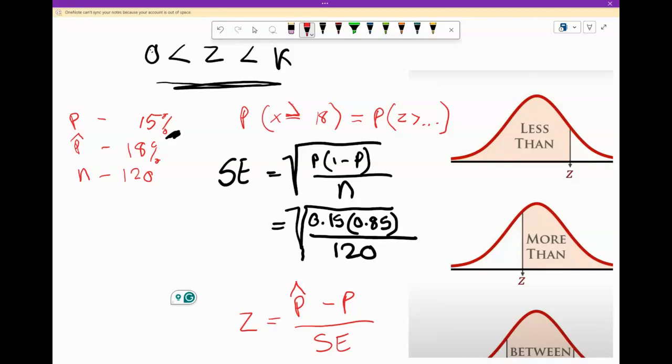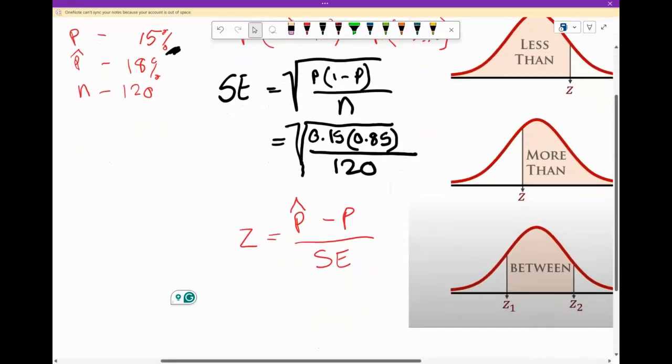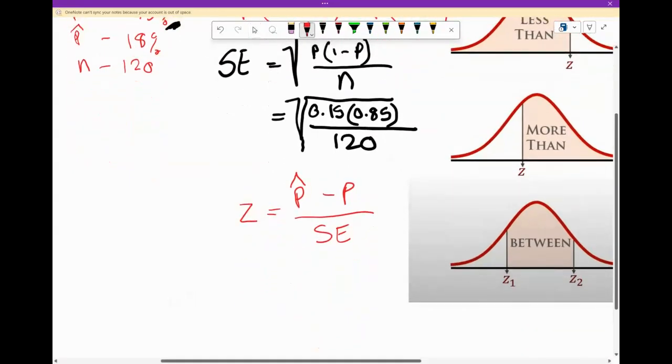And you always start here: standard error first. Once you get your standard error, then we can get our Z distribution equivalent. So here, what do you get for the standard error? Let me move this in the meantime.